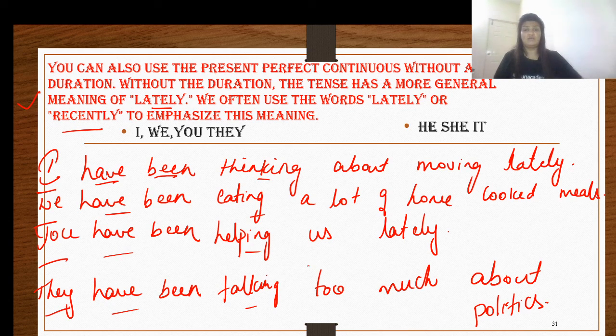We have been eating, well, when I say lately, I'm not referring to it for a very long time, but I started it only recently, for about, let us say, a month or so. So that's only recently, not way back. We've been eating a lot of home-cooked meals. This is a reference to the present situation.